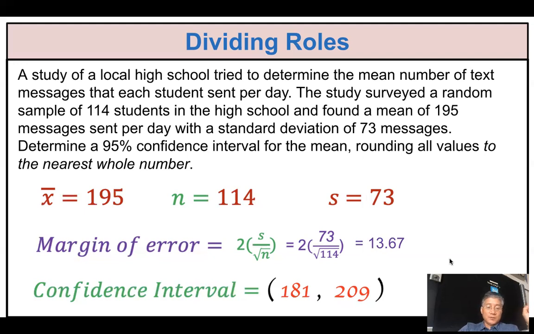The confidence interval is 195 minus this, but we round to the whole number, so 14. So 195 minus 14 is 181, right? And if you add it, you will get 209. That will be the confidence interval. All right, that's it. We'll stop here.